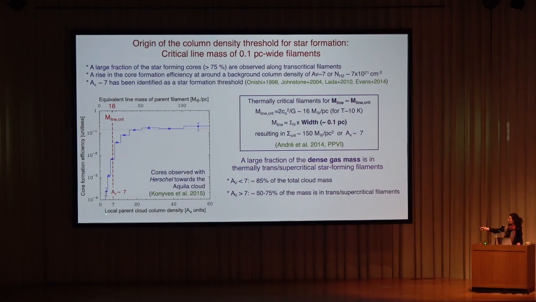And so here on this plot, you can see that the core formation efficiency rises at a column density of about 7 AV, which corresponds also to a line mass of about 16 solar mass per parsec, which corresponds actually to the critical line mass of 0.1 parsec wide filaments. So this suggests that now we can understand the origin of the column density threshold as being the column density of filaments that are critically unstable and fragment to form cores.